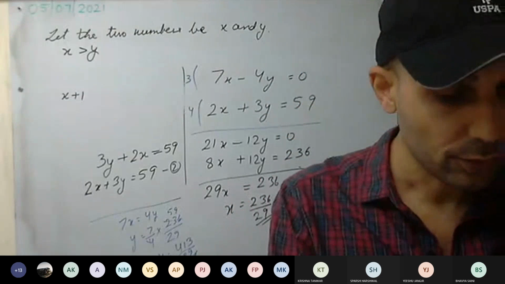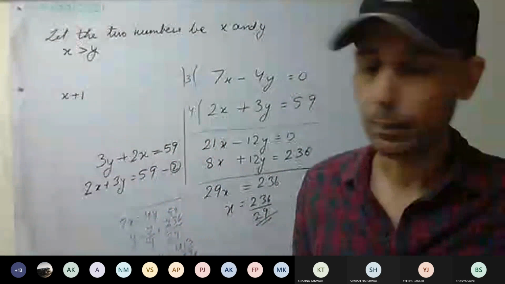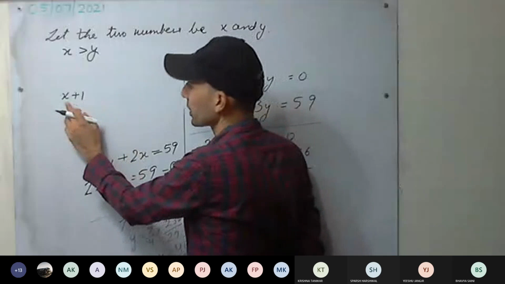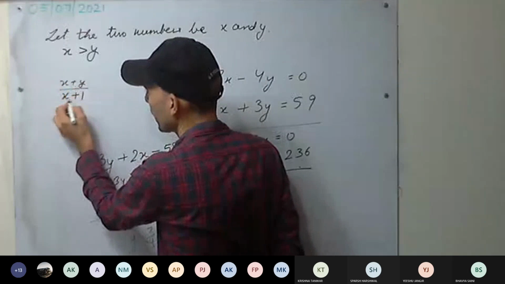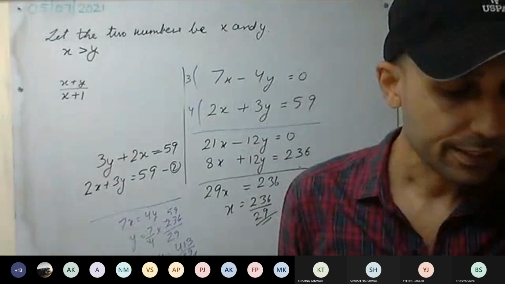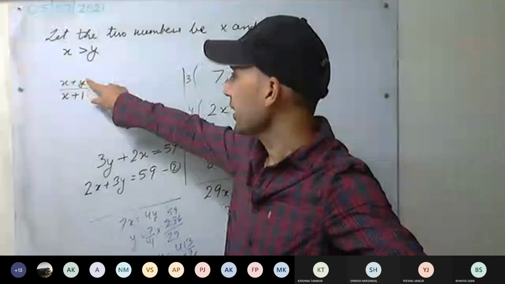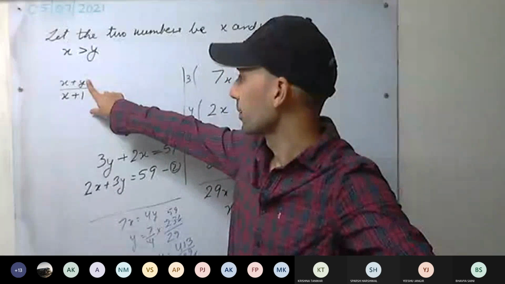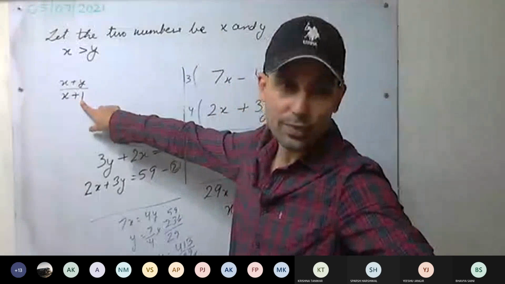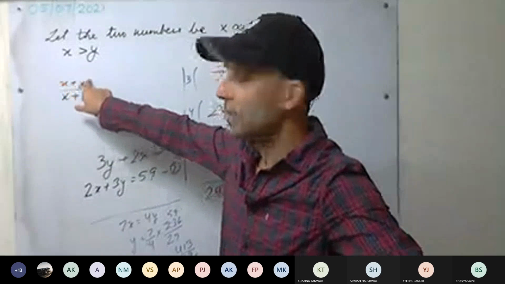When the greater of the two numbers is increased by 1, that is x plus 1, it divides the sum of the numbers. The sum of the two numbers is x plus y.